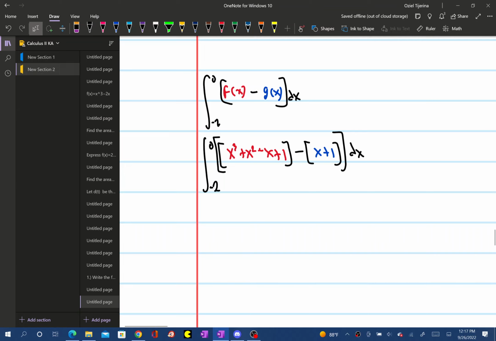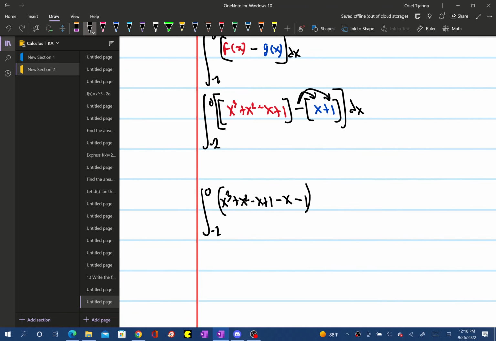So you're really subtracting both of them. You're going to distribute the negative, so minus x minus 1, dx.